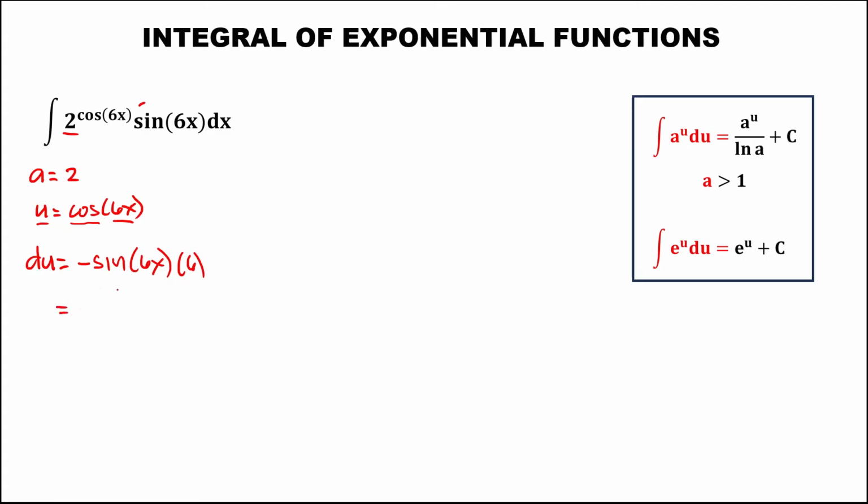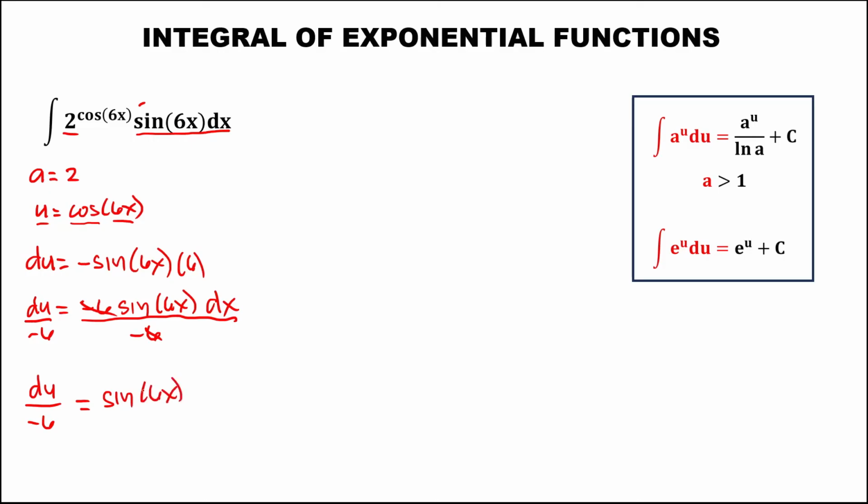So this is equal to negative 6 sine 6x dx. Since we have the sine 6x dx, we need to divide both sides by negative 6. So we have du over negative 6 equals sine 6x dx.